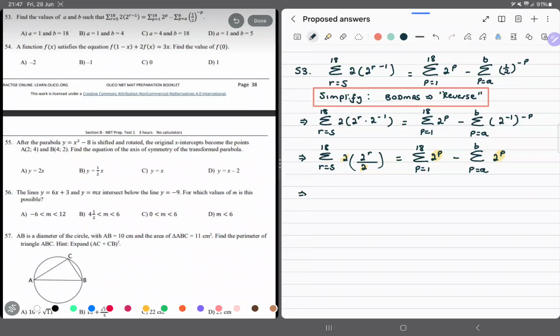So our final simplified equation has sigma from r equals 5 of 2 to the exponent r up until 18 terms, or at least 18. So we've got here sigma of, starting from p equals 1, 2 to the exponent p minus that situation over there.